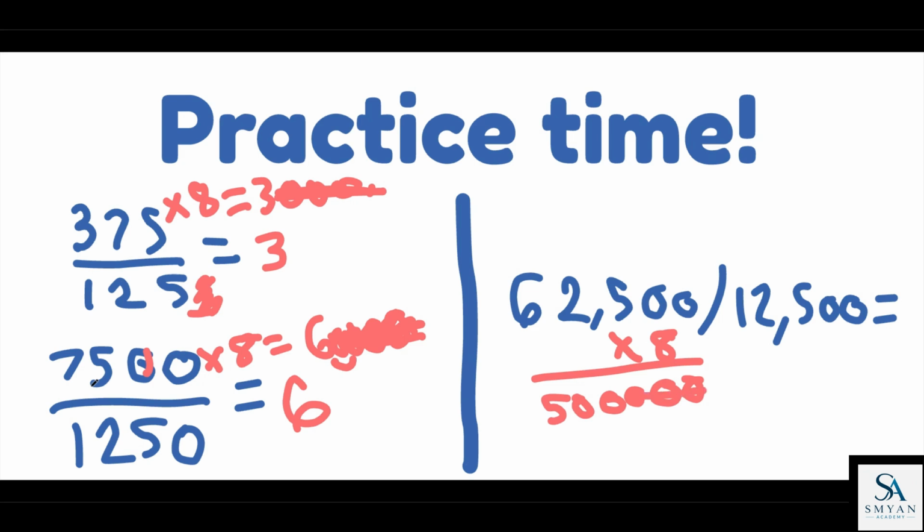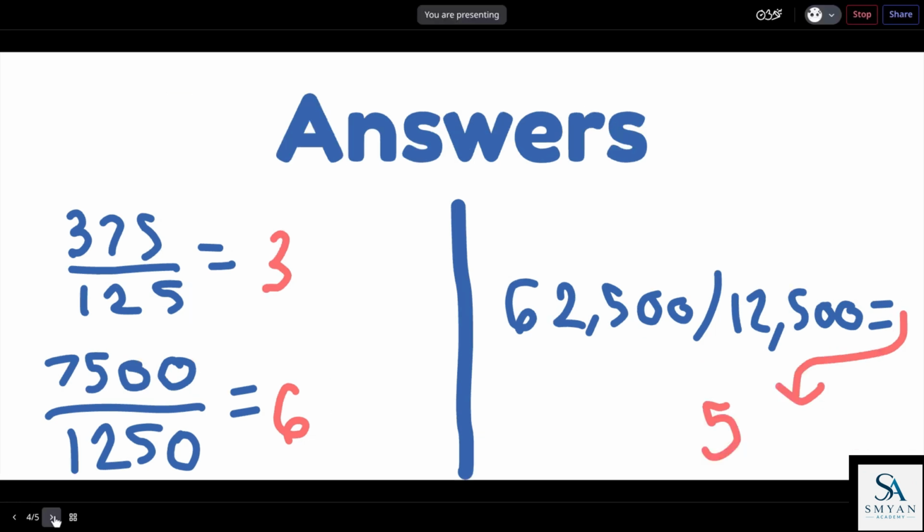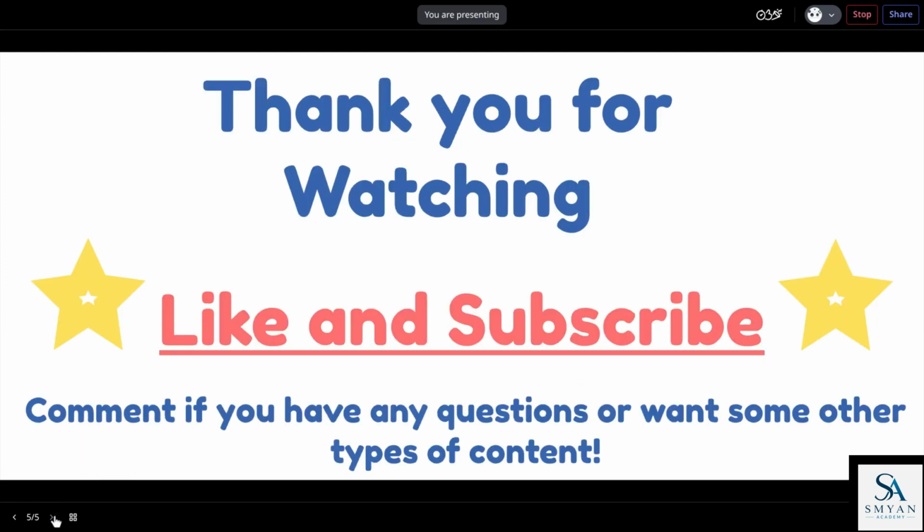Now, as we learned, we get rid of 3 zeros because we first divide by 1,000, and then after that we shift 2 decimal places because it's 12,500, and it has 2 zeros, so we go 1, 2, drop the decimal, and after getting rid of those excess zeros, your answer should be 5. Okay, let's check if we did it right. Yes, we did.